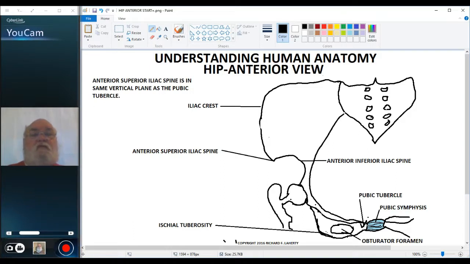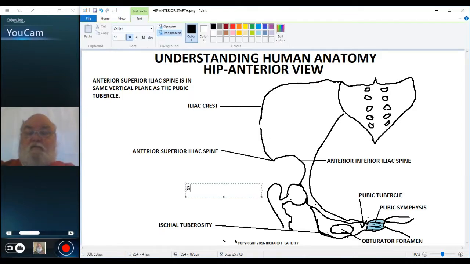So there is the femur, and let me label a couple of the parts for you. The greater trochanter there.